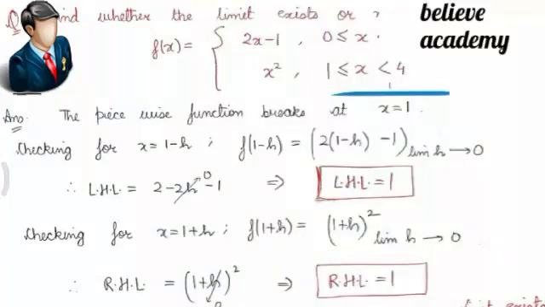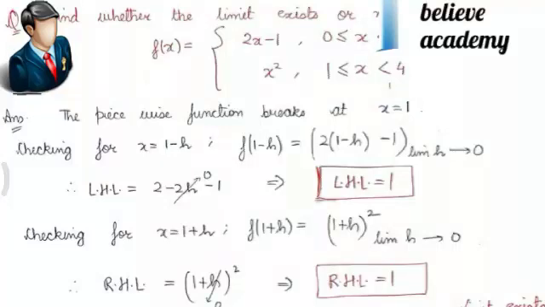So first of all you need to understand that whenever you draw the graph for a polynomial or whatever, the limits for that would obviously exist at each and every point because that is a polynomial. So you can see that in these types of questions you need to check where the function actually breaks. The function breaks at 1, you can see here we have 1 to be not included, but here 1 is included.